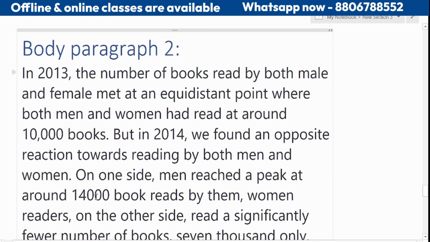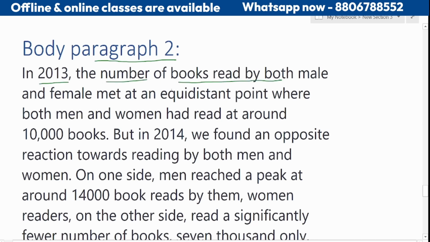Now let us go on to the paragraph 2, that is body paragraph 2. Now let us see what you can write in body paragraph 2. In the year 2013, the number of books read by both male and female met at an equidistant point where both men and women had read around 10,000 books.